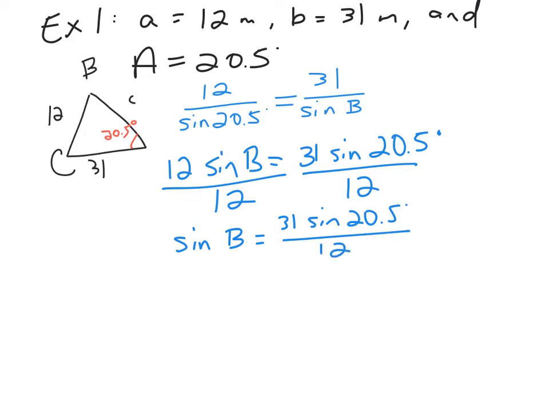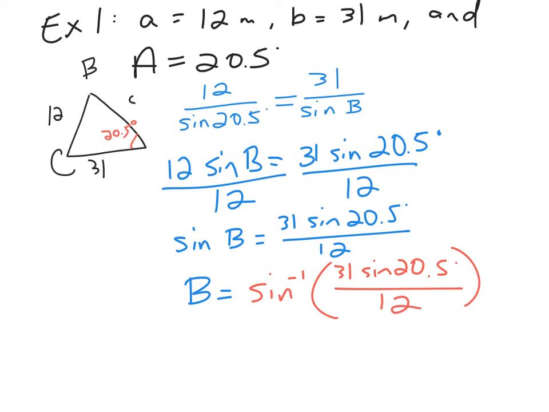But that's going to tell me what the sine of angle B is. That's not going to tell me what actual angle B is. So in order to find actual angle B, we're going to need to do the inverse of sine, which if you remember, that means that what we are doing is arc sine, or sine -1. And then we're going to arc sine this 31 sine 20.5 degrees over 12, and that's what we're actually going to have our calculator do for us.